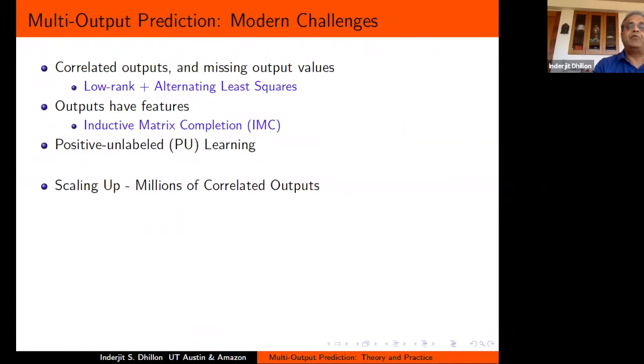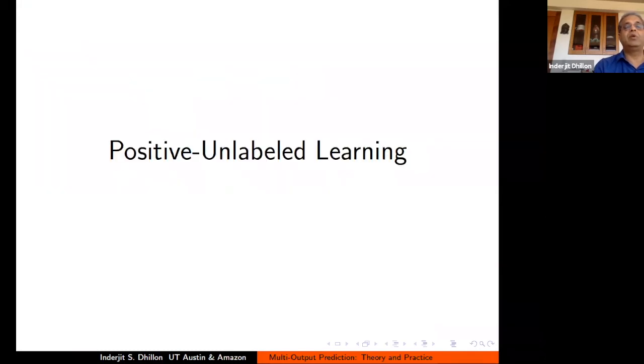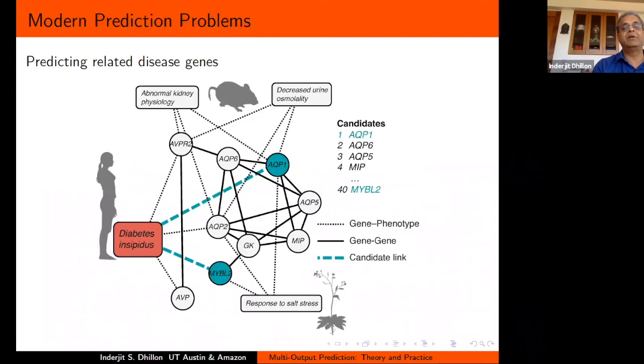So I've shown you solutions for missing output values and outputs having features. One other common problem in many modern multiple output problems is the fact that these can be viewed as positive unlabeled learning, right? So what does PU learning or positive unlabeled learning mean? Let me motivate it by a particular example that I worked on with a biologist colleague of mine.